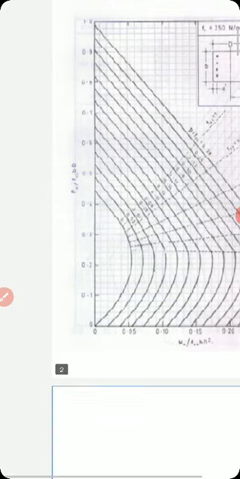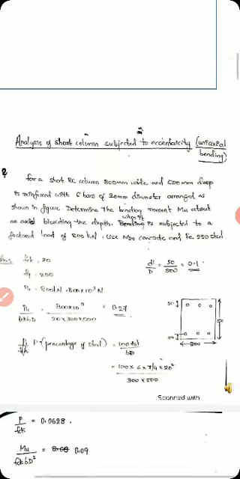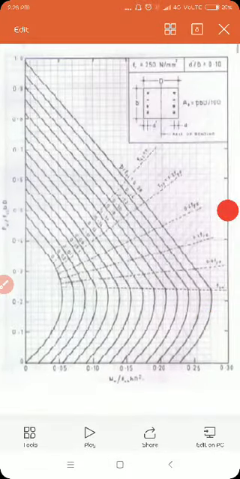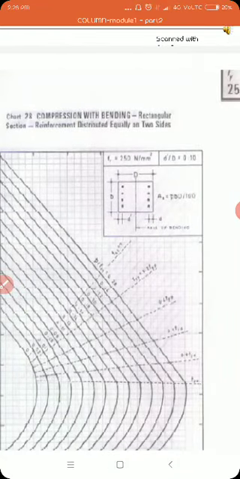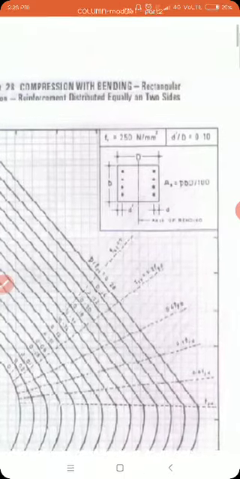So first we find out the value of Pu by fck bD. In this question, fck is 20 Newton per mm square, fy is equal to 250 Newton per mm square, and Pu is equal to 800 kilonewton. So we find the value of Pu by fck bD as 0.27. Also you should note the features of this chart.